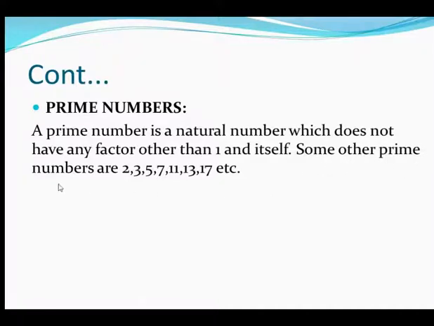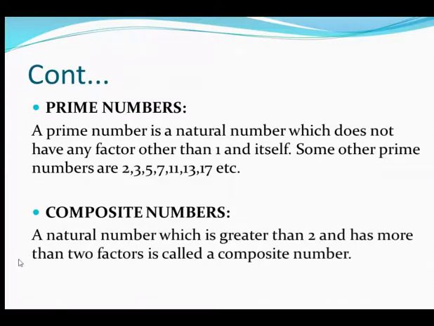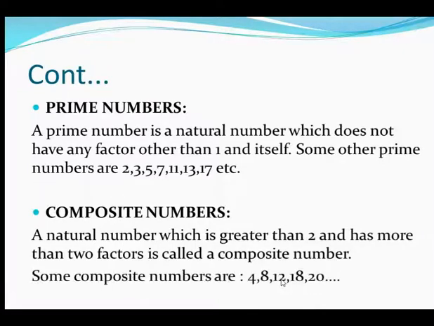Some of the other prime numbers are 2, 3, 5, 7, 11, 13, 17 etc. These all are prime numbers because they have only the factors 1 and the number itself. Composite numbers, a natural number which is greater than 2 and has more than 2 factors is called a composite number. So any number having more than 2 factors is called a composite number. For example, 4, 8, 12, 18, 20 and so on.